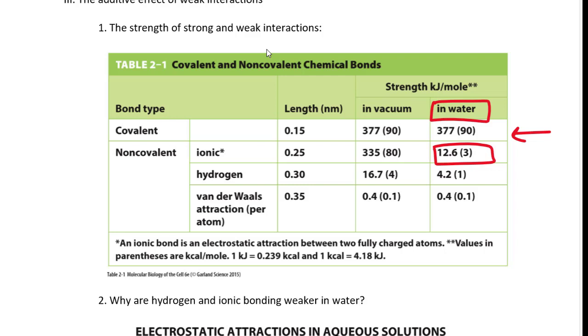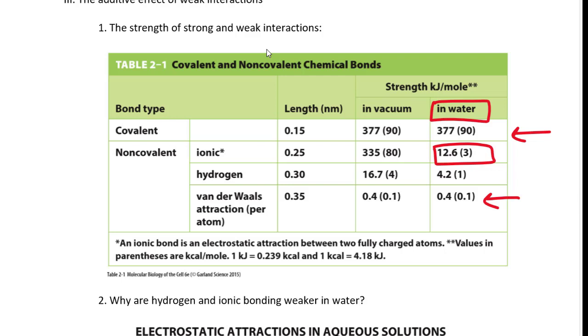That's why if you have a long hydrocarbon chain, more surface area, more nonpolar surface area, you get more of these. And as you get more of these, it's an additive effect. So if you have 10 of them, you'll have an interaction of 4 kilojoules per mole. You have 100, it's 40 kilojoules per mole, and so on.